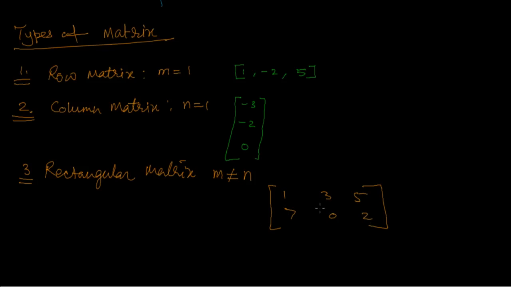There are 2 rows and 3 columns, M is equal to 2 and N is equal to 3. So M is not equal to N here. So this is a 2 by 3 rectangular matrix. This one is also rectangular; the order of this matrix is 1 by 3, and the order of this matrix is 3 by 1, 3 rows and 1 column. So these are all rectangular matrices.